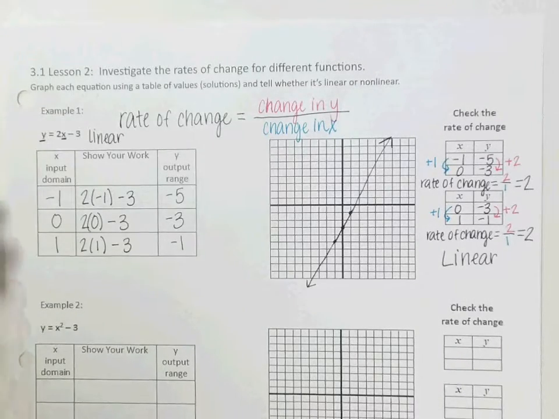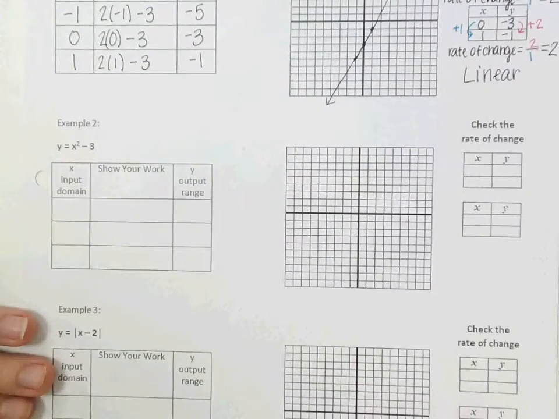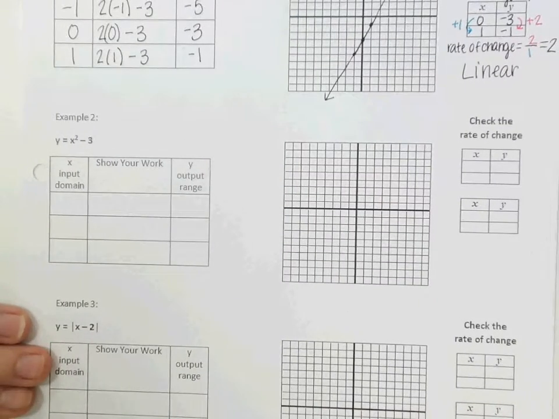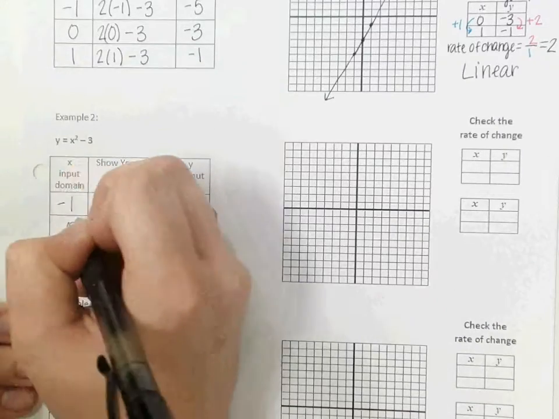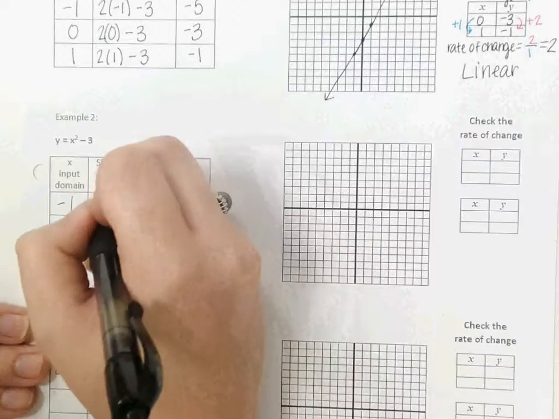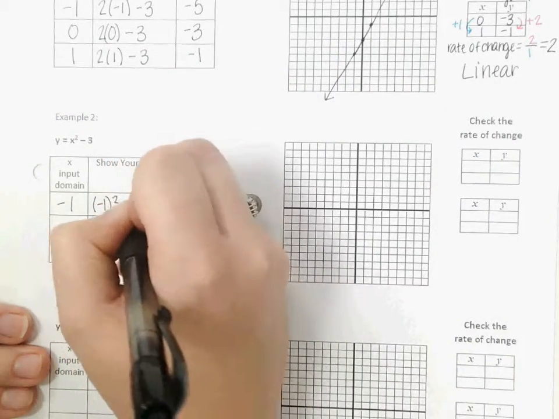So now let's look at example 2. We have the equation y equals x squared minus 3. So again, we need to pick out 3 x values. So we can use -1, 0, and 1. And we're going to plug these in. So remember, anytime we square a negative, we want to make sure we put it in parentheses.